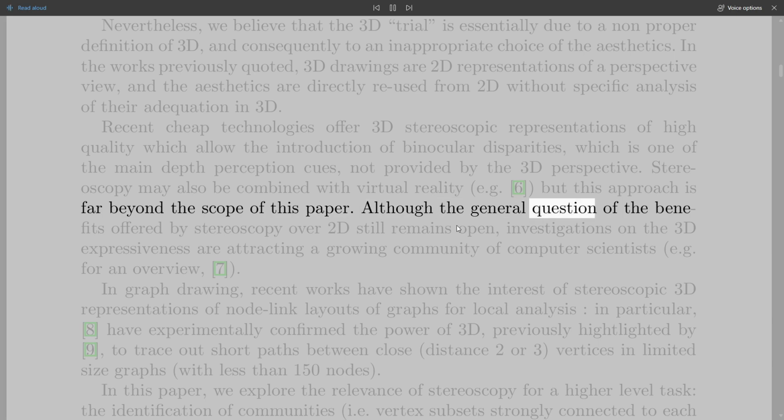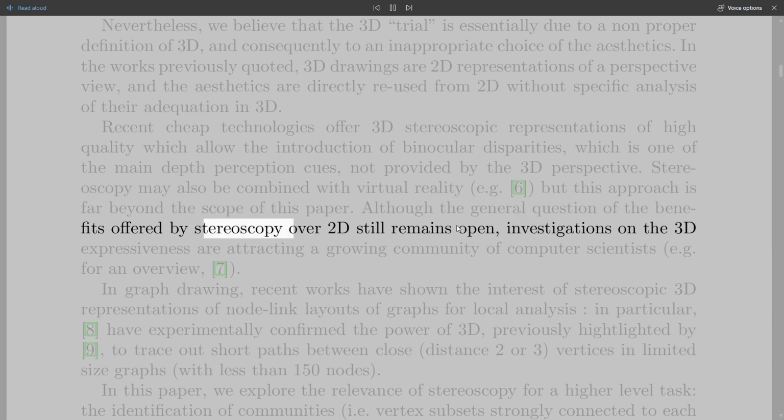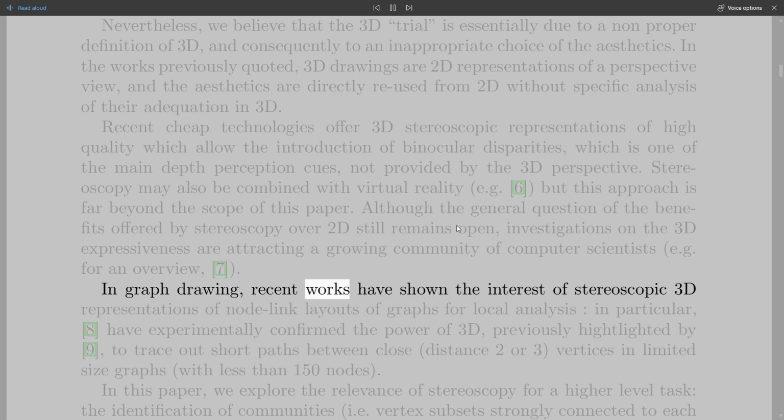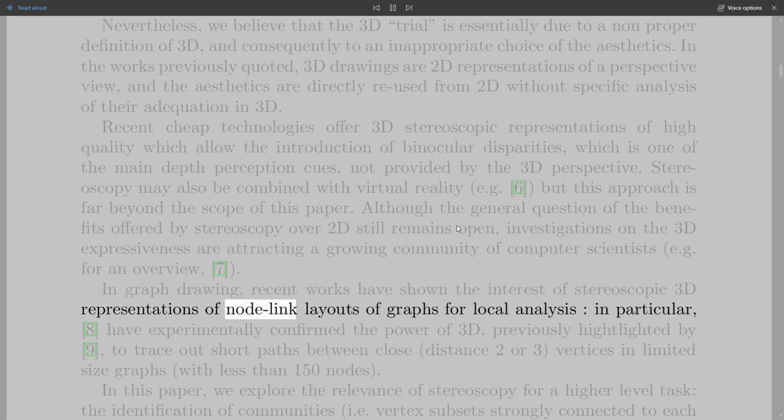Although the general question of the benefits offered by stereoscopy over 2D still remains open, investigations on the 3D expressiveness are attracting a growing community of computer scientists, e.g. for an overview, 7. In graph drawing, recent works have shown the interest of stereoscopic 3D representations of node-link layouts of graphs for local analysis.